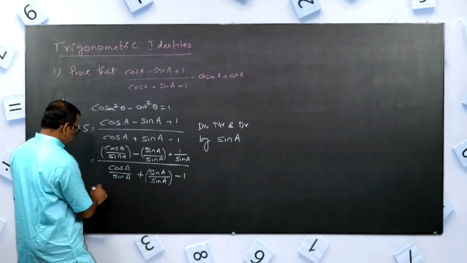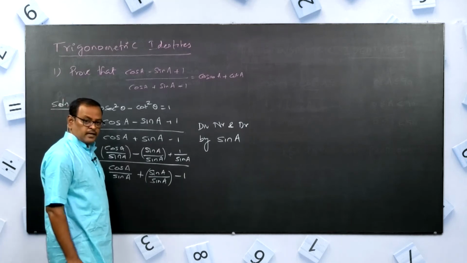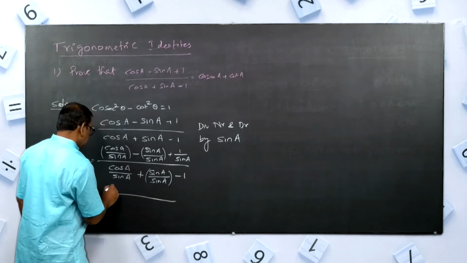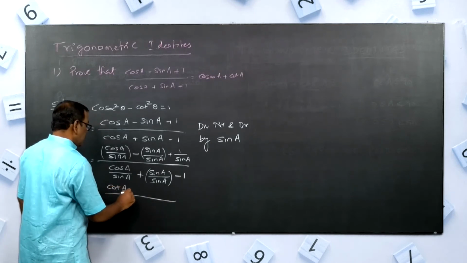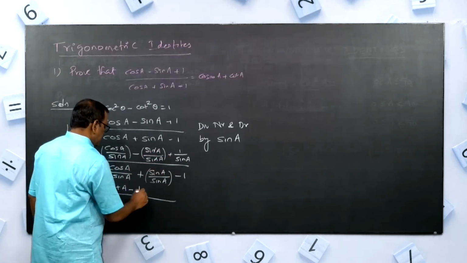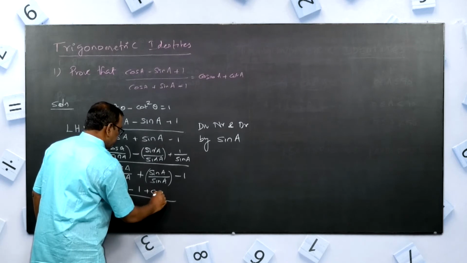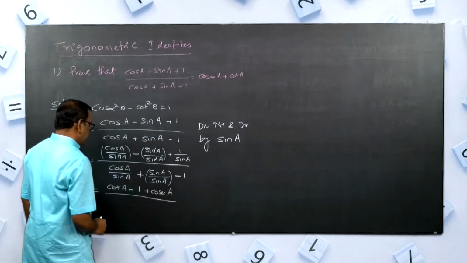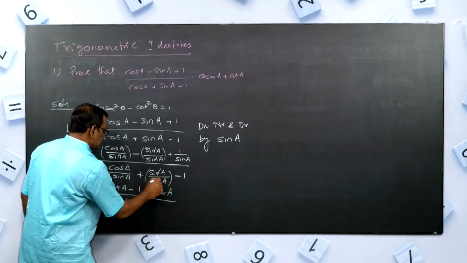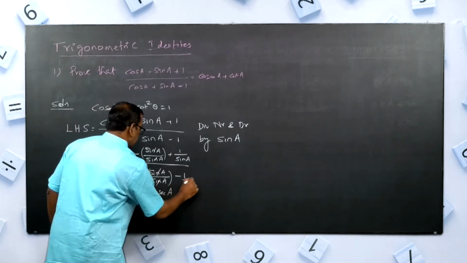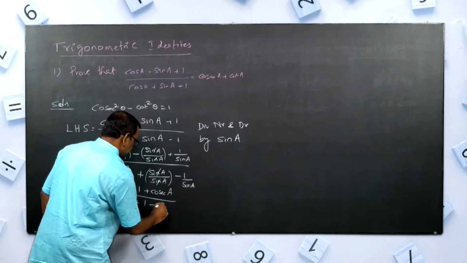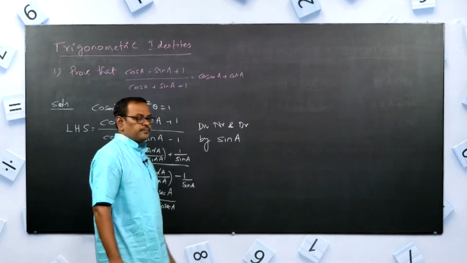If you rewrite again, the numerator becomes cos a by sin a, that is nothing but cot a, minus 1, these two get cancelled, and 1 by sin a is cosecant a. In the denominator, cot a plus 1, sorry, here it is 1 by sin a, so this is minus cosecant a.